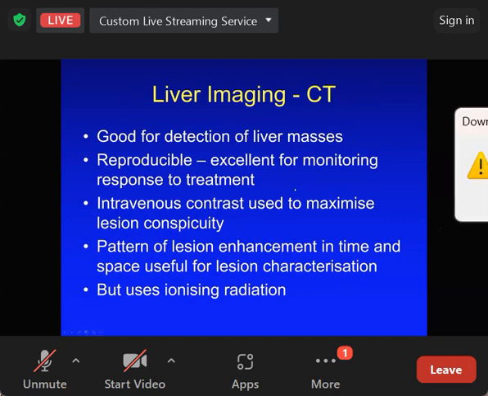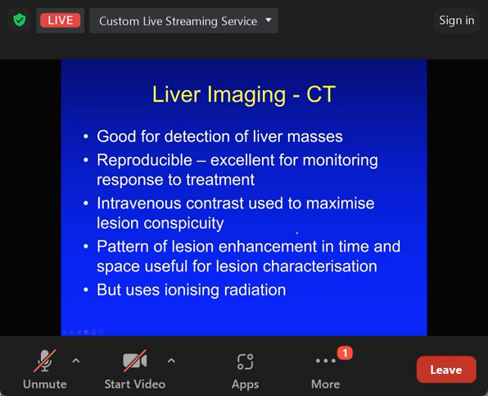CT is generally very good for detecting liver masses. And as I mentioned before, it's very reproducible, because it's done to a fixed protocol, depending on the organ. And so you can compare older images very easily with current ones. We generally use intravenous contrast to maximize lesions in the liver.